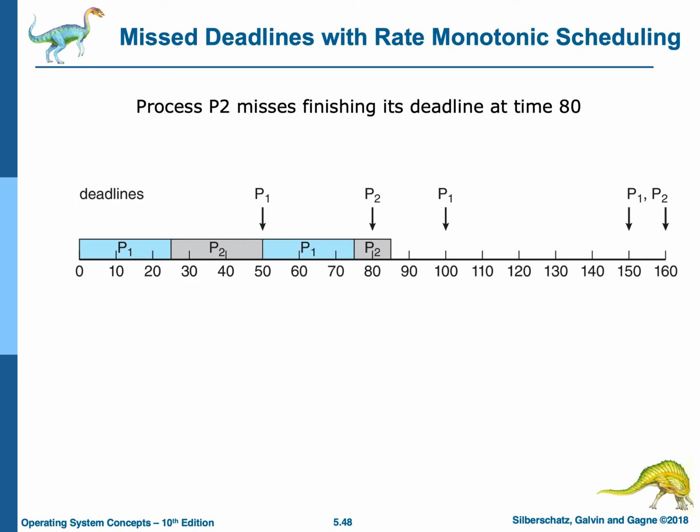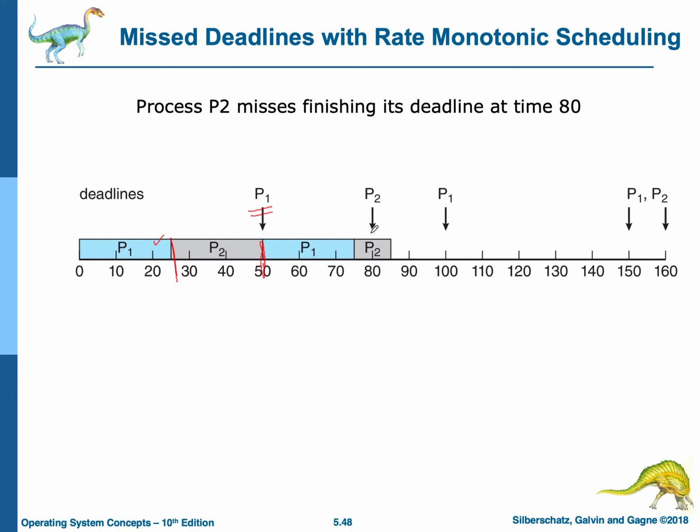Now there are conditions when the deadline is missed. Now suppose up to here, the P1 should be completed, the deadline. Well, we can see that P1 is already completed around 20, and if we check at 50, it is already completed.